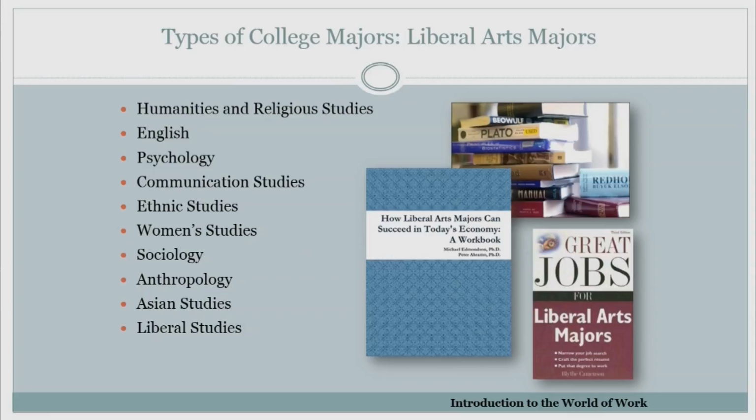For example, communication skills, time management, people skills, organizational, and employers really place a high premium on those types of skills. So in either major, the applied majors or liberal arts majors, what becomes very important are internships that you gain and work experience that you gain in the world of work while you're in school.